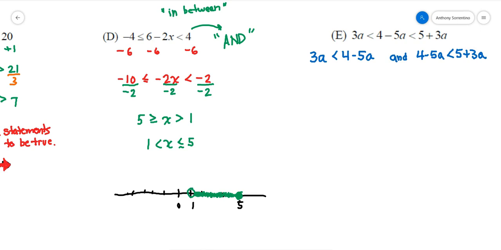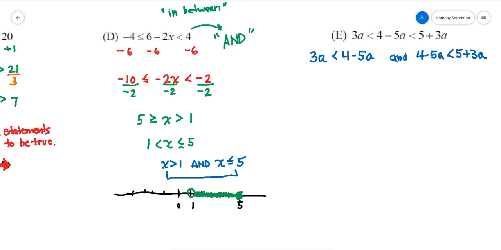So, this in-between structure is an indication that I have an AND statement. An AND statement means that I'm able to do both at the same time. Like here, it's like me saying, I could have written this as x is greater than 1, and x is less than or equal to 5. AND means that both of them have to be true at the same time, which means that I have to choose numbers that make both of these true at the same time.